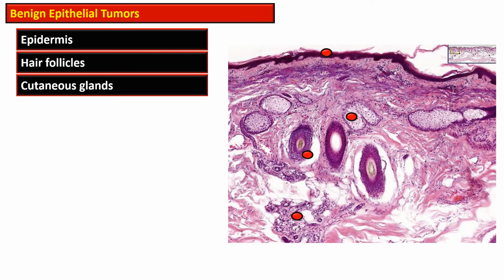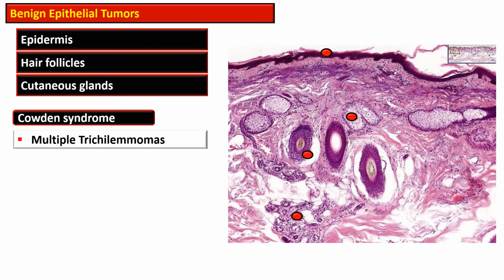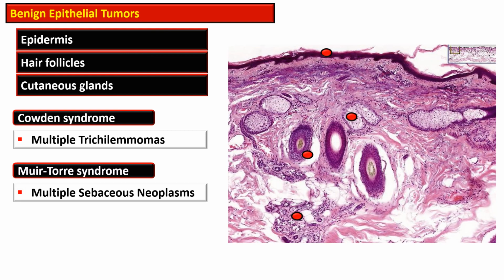Biopsy is required for their diagnosis, and they may sometimes be a diagnostic or telltale sign of some syndromes or visceral malignancies, such as Cowden syndrome, in which there is presence of multiple trichilemmomas, while Muir-Torre syndrome is associated with presence of multiple sebaceous neoplasms.